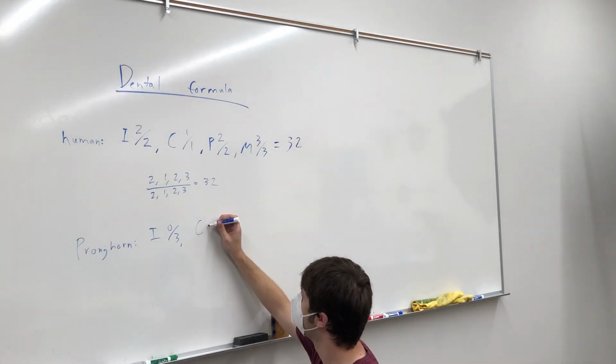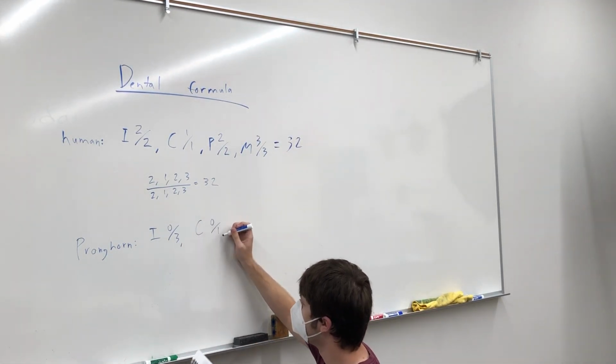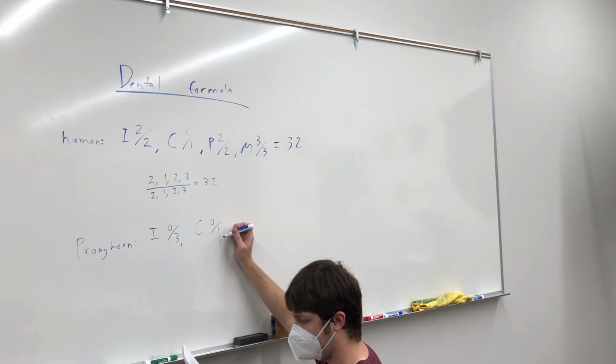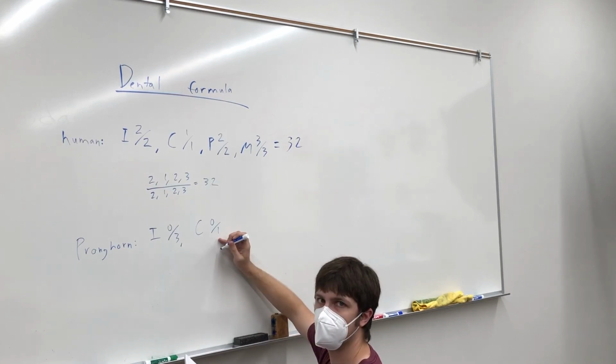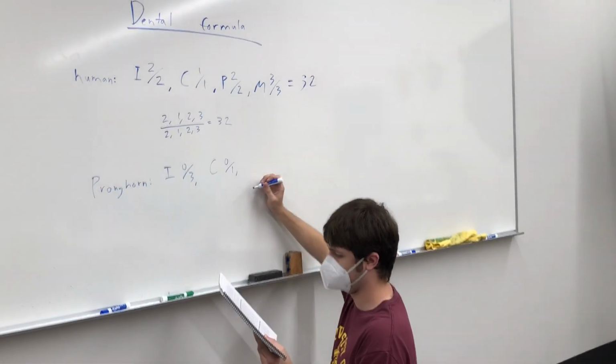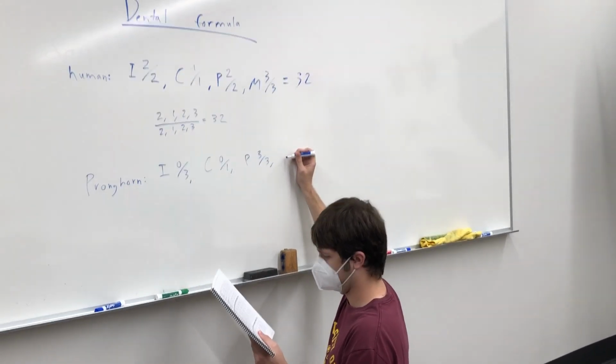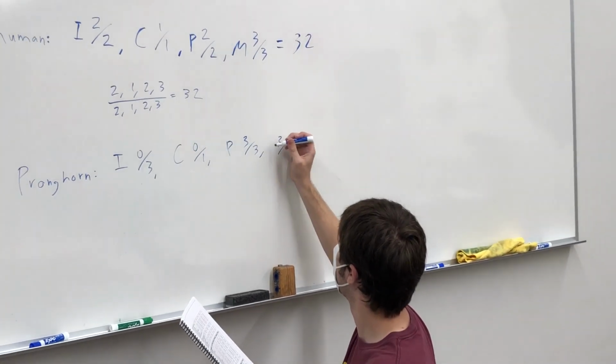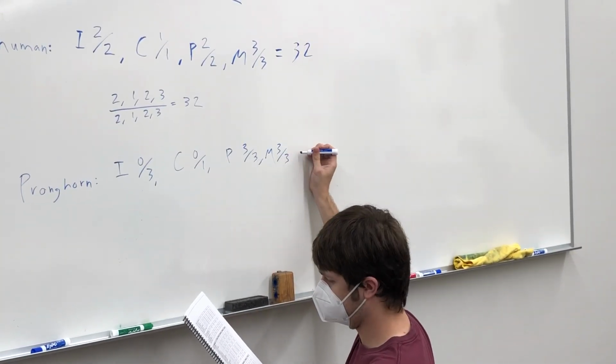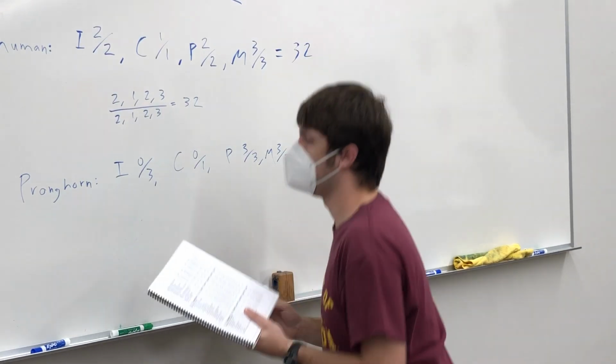Canines, 0 over 1. It might be a very small tooth, it still counts. Premolars, 3 over 3. Molars, 3 over 3, total 32.